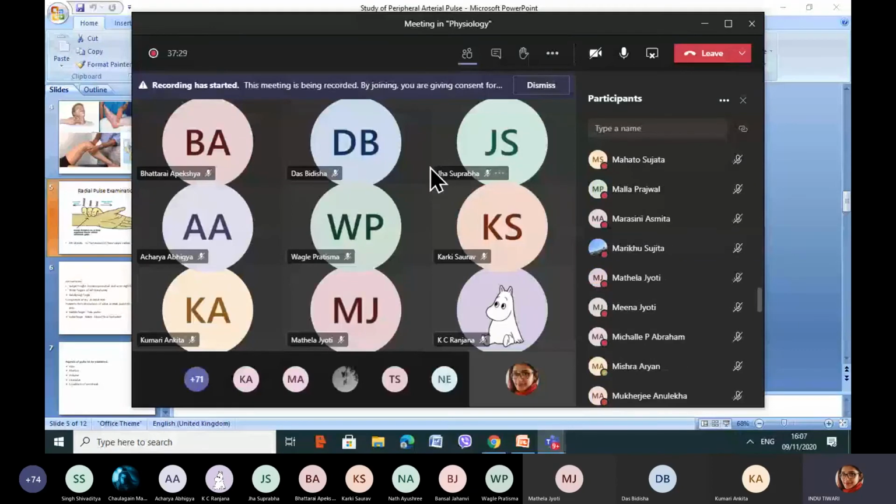Okay, so what are the other sites other than the radial artery? Similarly, the arterial pulse can also be recorded with a device called the physiograph. This physiograph is an instrument that is present in the physiology lab. By that also you can determine the arterial pulse, but that is not commonly done.